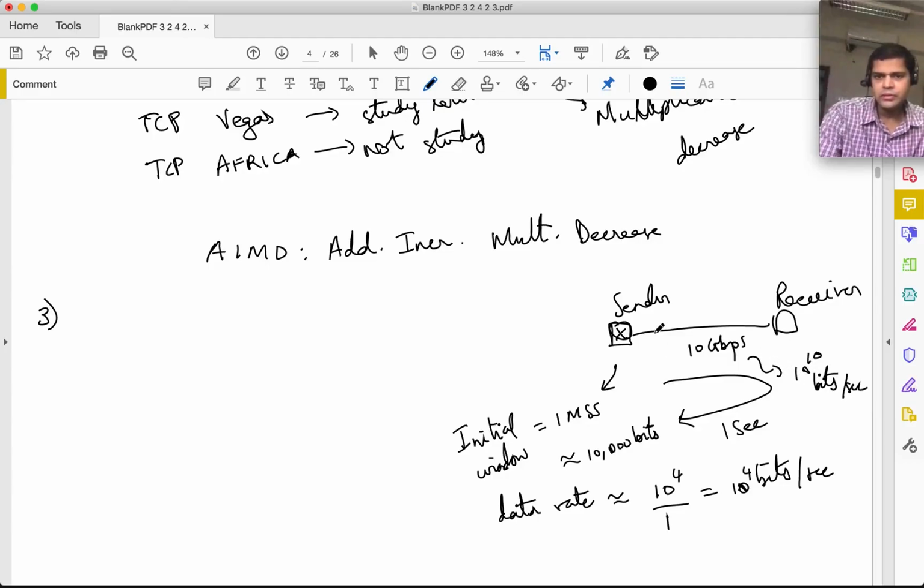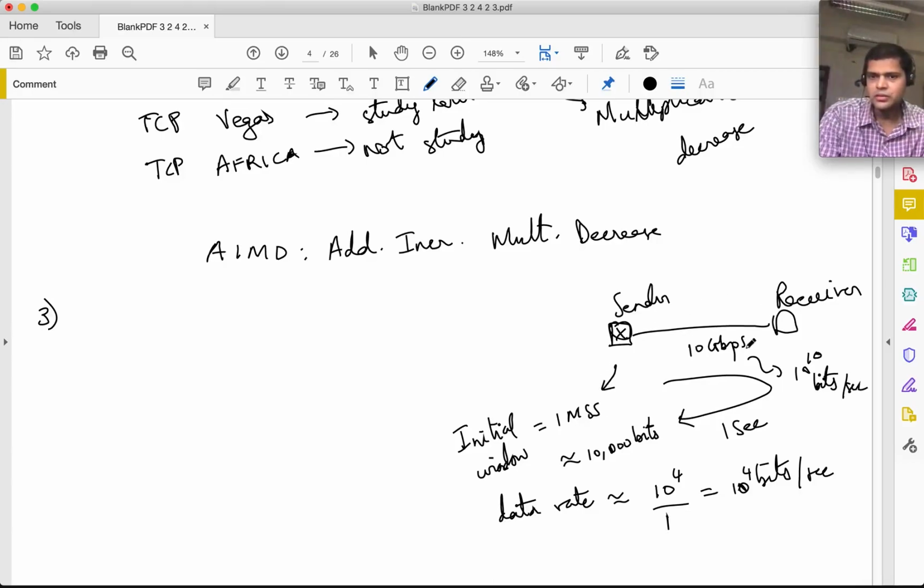So I mean, in theory, you may be the only person using this link, and you have a large file. So think about it, if you're doing additive increase, how long is it going to take us to actually transmit this file? So you have, let's say, 1 gigabyte or something like that, and in theory, if you were using all the link capacity available, you would be able to send that in a jiffy, within a second or something like that.